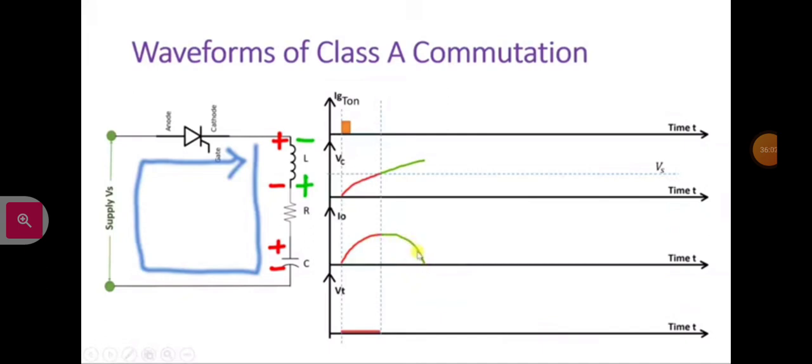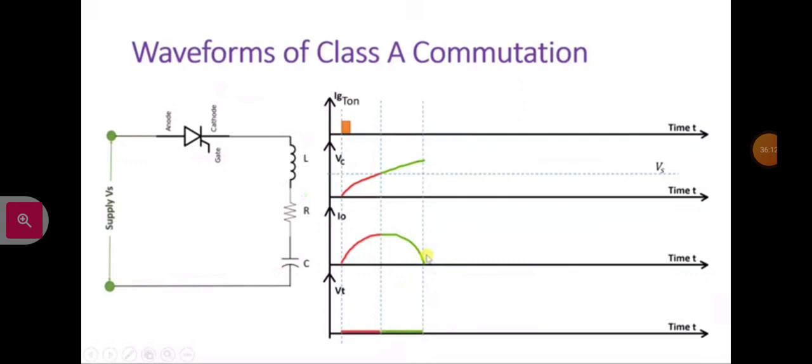Till this SCR is in on state, the voltage across the SCR will be 0. But once this output current, meaning the current passing through this SCR, reaches 0, or one can say goes below the holding current, this SCR will get turned off over here. So you can see at this instant this SCR is getting turned off as this output current reaches below the holding current, right? As the output current is the same as the current which is passing through the SCR.